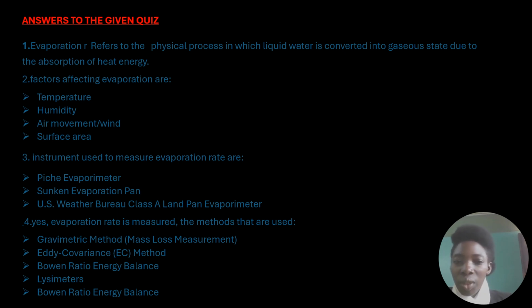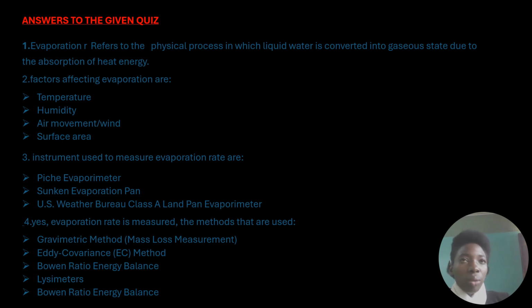We have seen that evaporation refers to the physical process in which liquid water is converted into a gaseous state due to the absorption of energy. The second question asked about factors affecting evaporation, where we have seen that temperature, humidity, air movement, and surface area can affect the rate of evaporation.